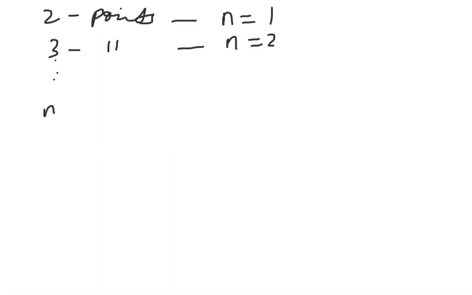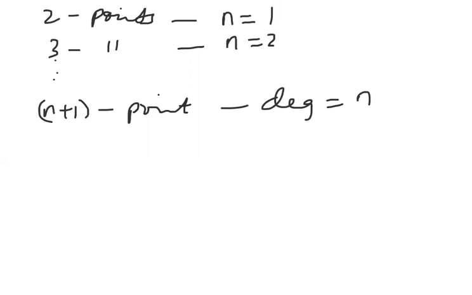So if I have n plus 1 points, then this will give me the polynomial of degree n. So in this case the degree will be equal to n, right? For example, I can have x0, y0 or f of x0.